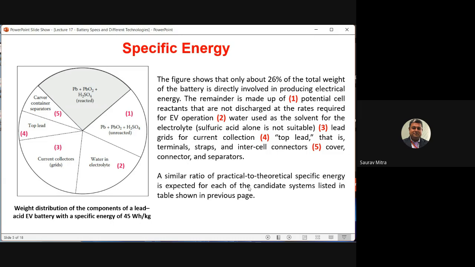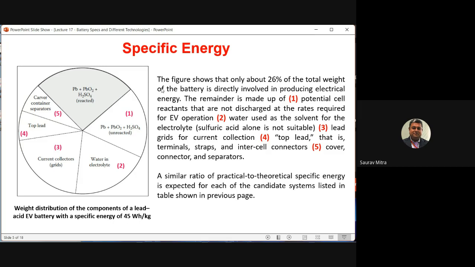Right. So the similar ratio of the practical to theoretical specific energy is expected for each of the candidate systems listed in the table shown on the previous page. So whatever you are finding here in this slide, this is actual per kg. This is actually the theoretical watt hour per kg. Practical watt hour per kg will be 45 divided by 0.26, because 0.26 is the 26% element.